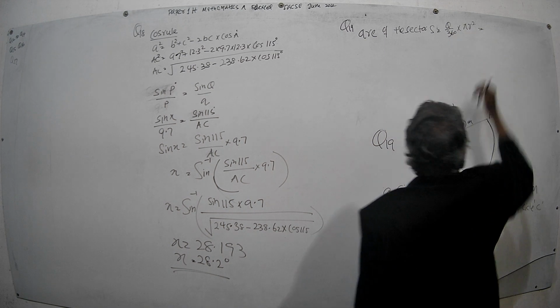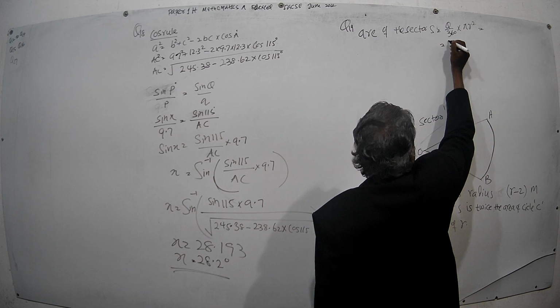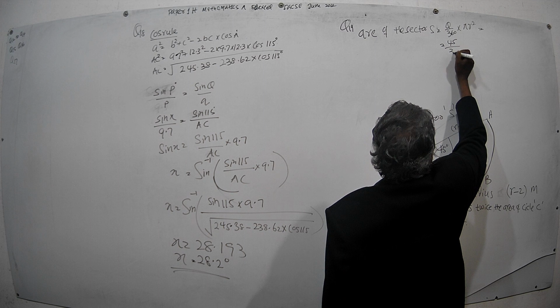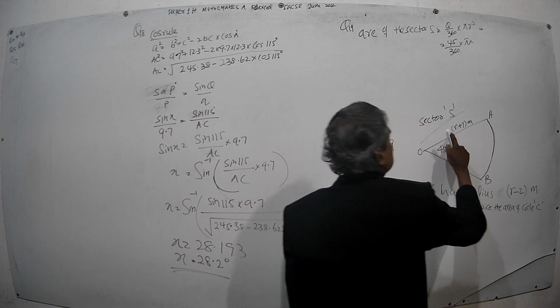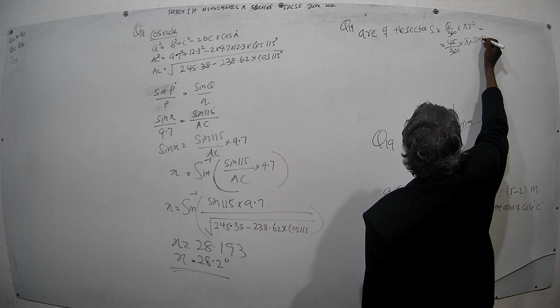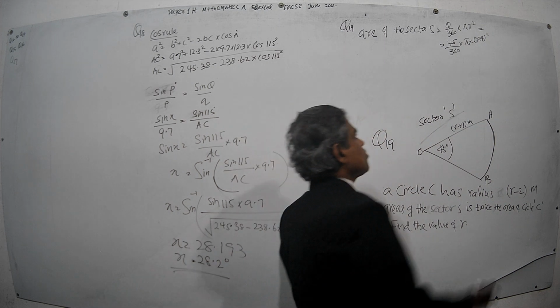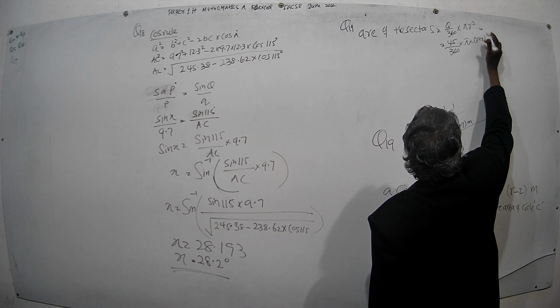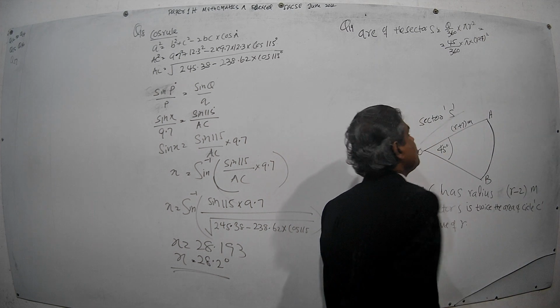Here what is theta? Theta is the angle at the center, 45. So it is 45 over 360 into pi into (R plus 7) squared, because r is R plus 7.